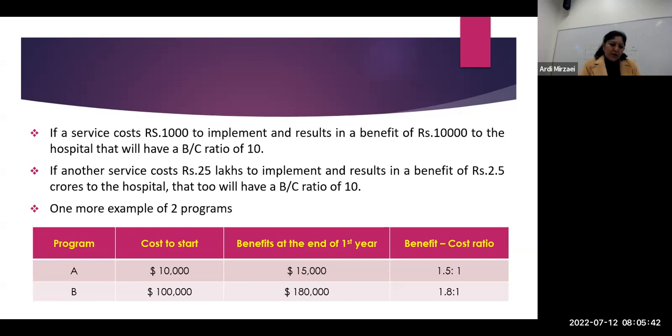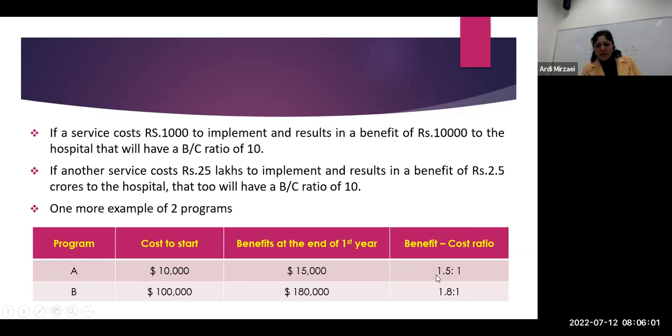If another service costs 25 lakhs to implement, and it results in a benefit of ₹2.5 crores to the hospital, even then the benefit to cost ratio is 10.